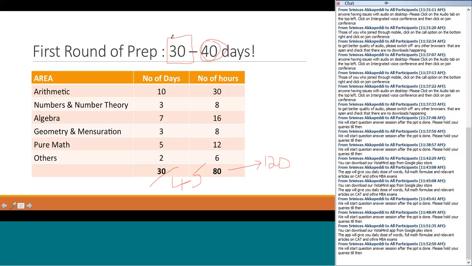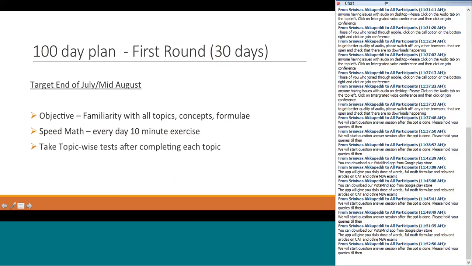You start tomorrow, you can finish first. And remember, my expectation is not that you will start cracking areas. My expectation is not even that you will get 100 marks. My expectation is that probably you will know all 35 questions in the quant section when you are taking a mock. That's all. Familiarity.